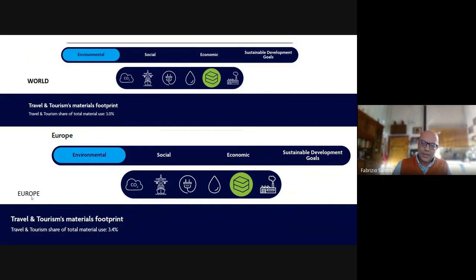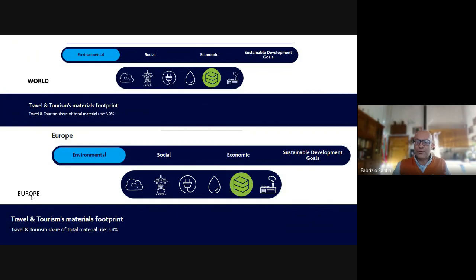Because today, when we speak about waste, the discussion is connected to circularity. The more I use and reuse raw materials or elaborated material that comes from waste, the less I will have to extract material from the ground.